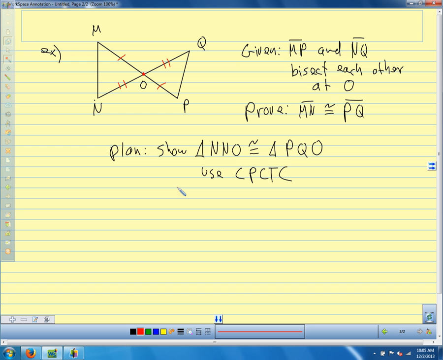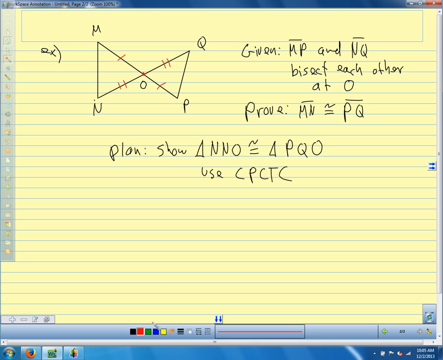We're almost there. What other piece of information do we know from this figure that we could use to prove that the triangles are congruent? We have two sides. Do we know anything about any of the angles? What is it, Lydia?